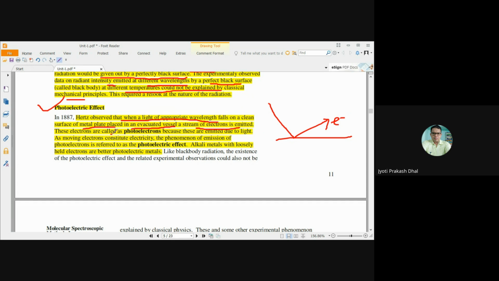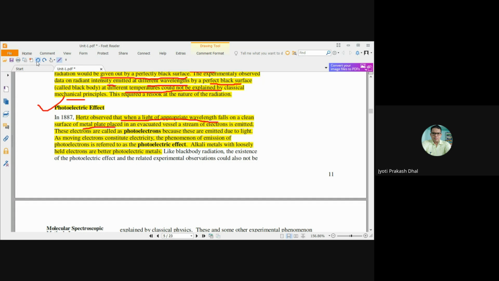These electrons are called photoelectrons. Because these are emitted due to light, and moving electrons constitute electricity, the phenomenon of emission of photoelectrons is related to the photoelectric effect. For alkali metals, the outermost electrons are loosely bound.